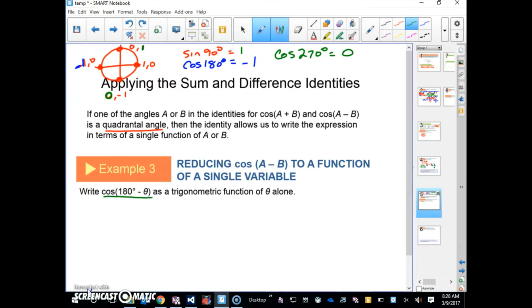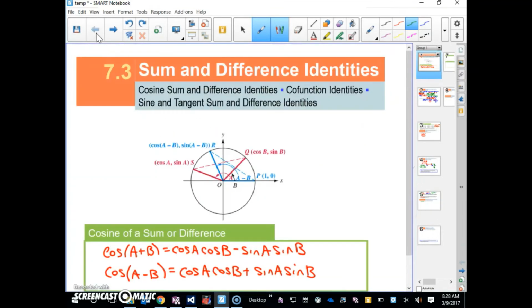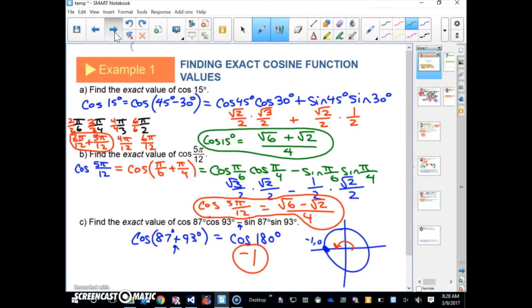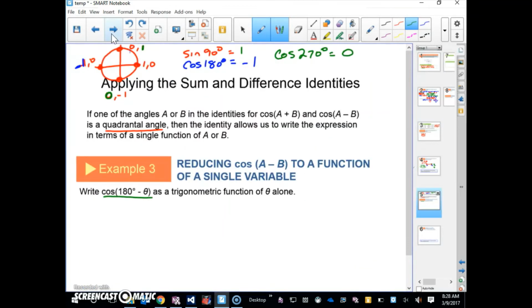That's a cosine difference formula. If you need to, go back and look at it. The cosine difference formula says cosine cosine plus sine sine. So it's going to be cosine 180 cosine theta plus sine 180 degrees sine theta.